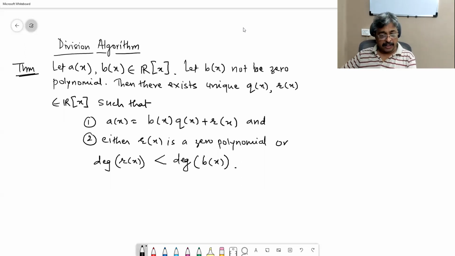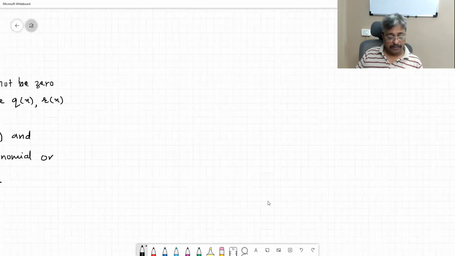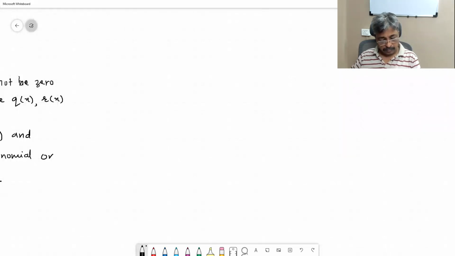we would understand what is the mechanism which is going on, and then writing the proof is going to be relatively simpler. So let us try to do a numerical example first. We want to divide.